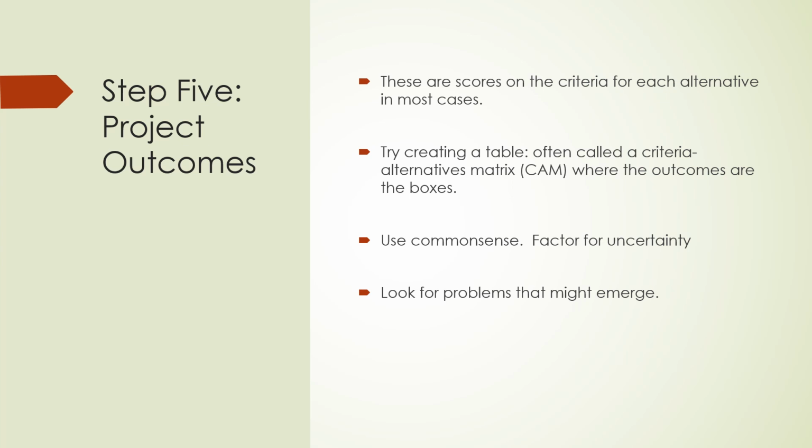The columns are the criteria, the rows are the alternatives, and the boxes are the outcomes. So when you use alternative 1, how does alternative 1 do on criteria 1? There's a box, you fill that in. What about criteria 2? What about criteria 3?